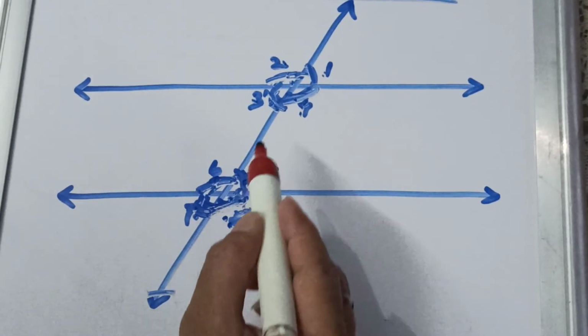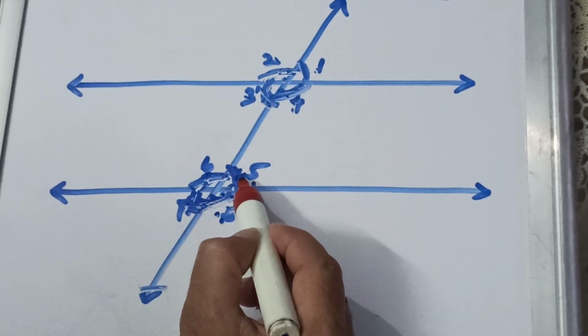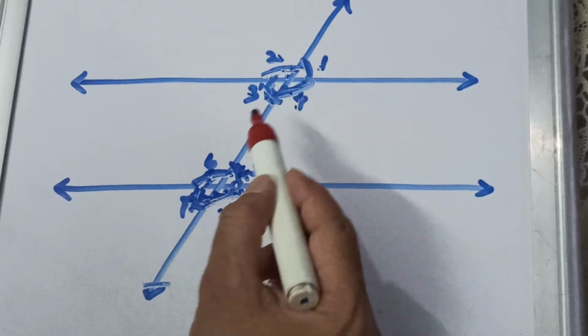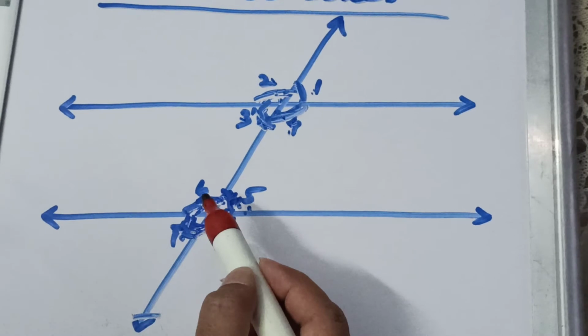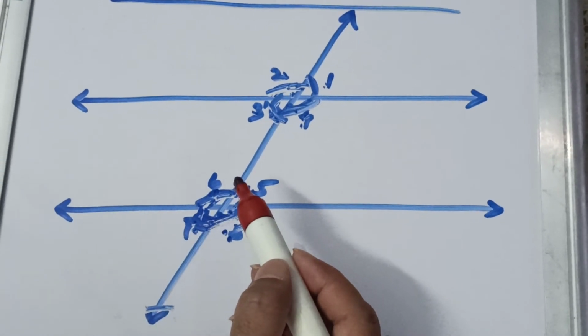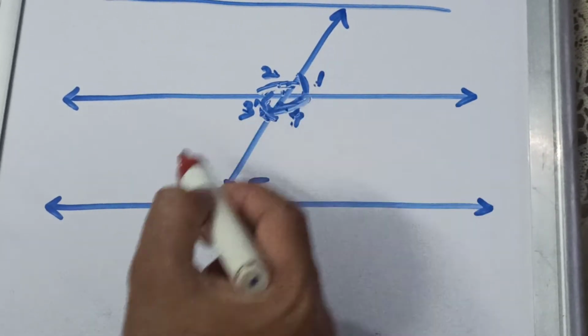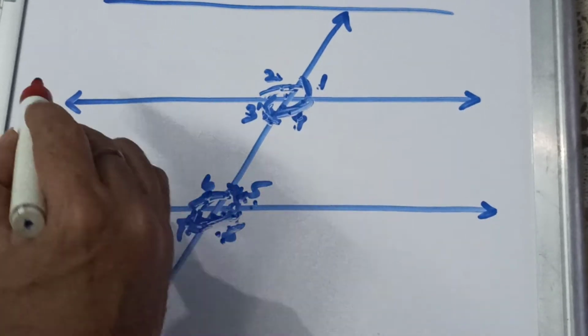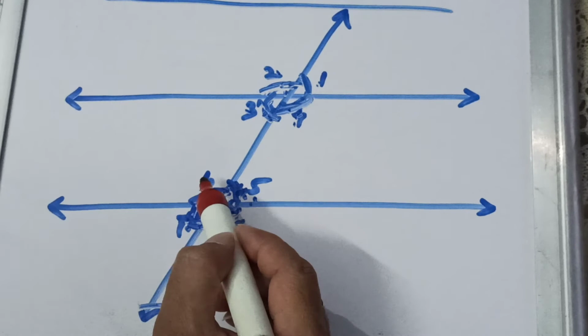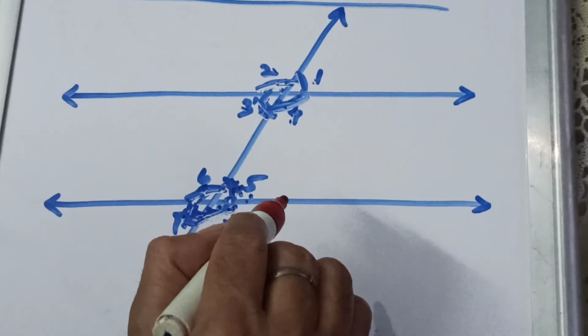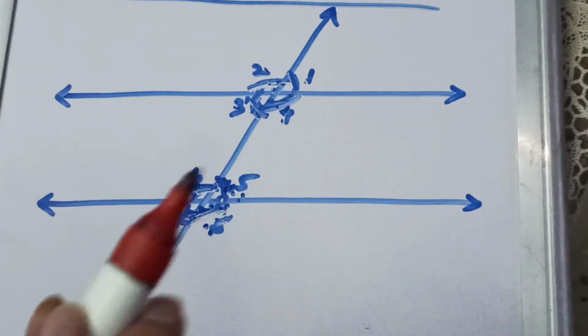Second, if angle 3 and angle 5 are equal, angle 4 and 6 are equal, and it follows as alternate interior angle and alternate exterior angle, then it must be a parallel lines. अगर alternate angle equal होंगे, चाहे वो इंटीरियर हो चाहे एक्सटीरियर होंगे, then it must be a parallel lines.